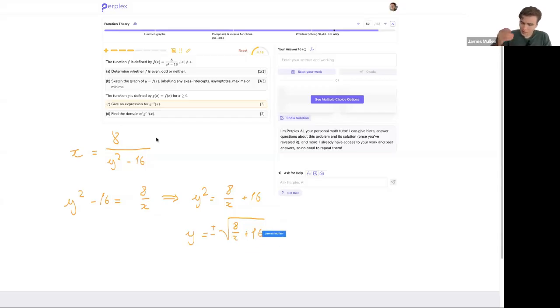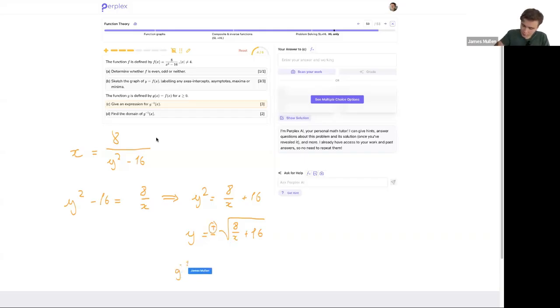And now we said that the domain of g is x greater than or equal to 0, which means that the range of the inverse function, g negative 1, is going to be y greater than or equal to 0, which means we need to have positive.